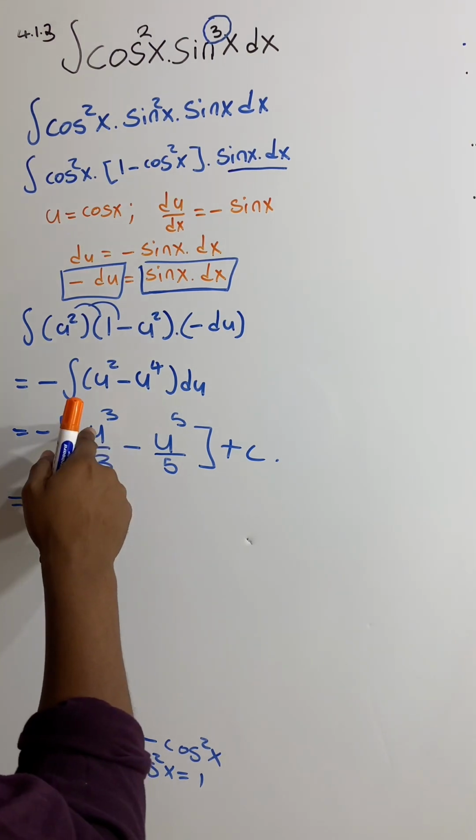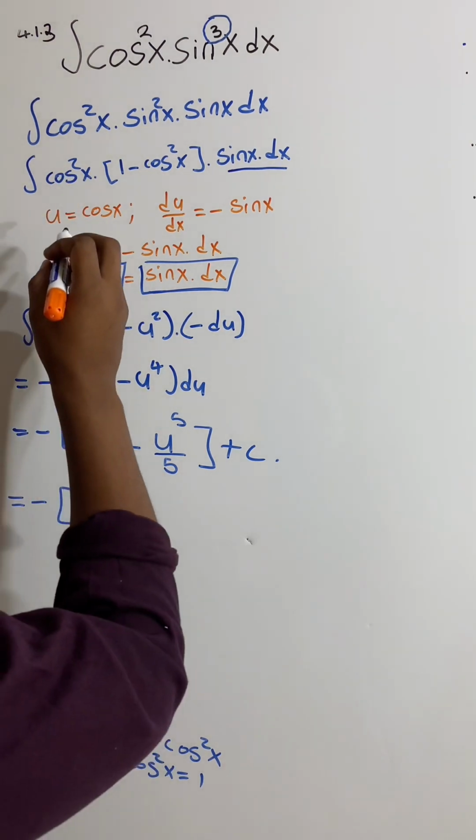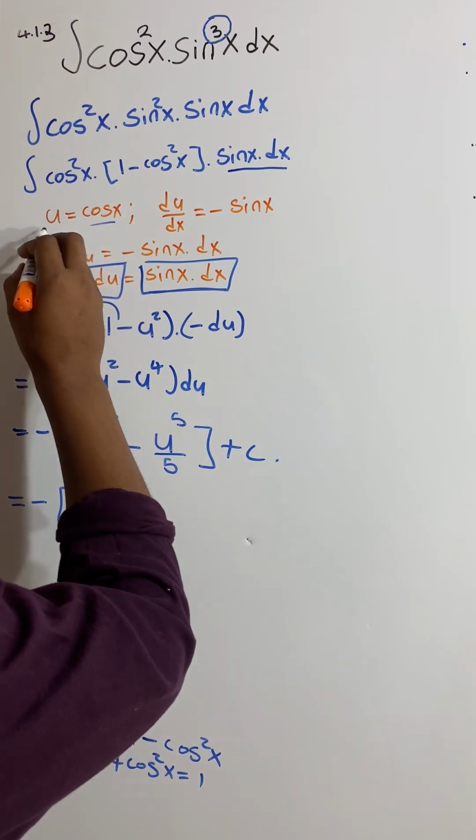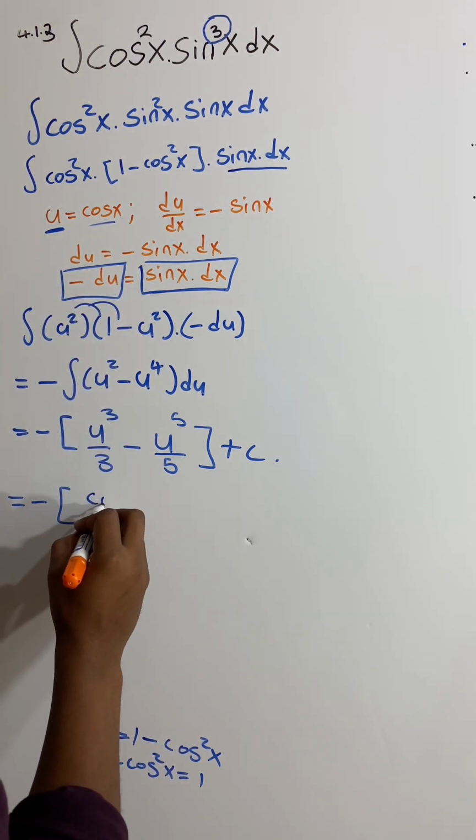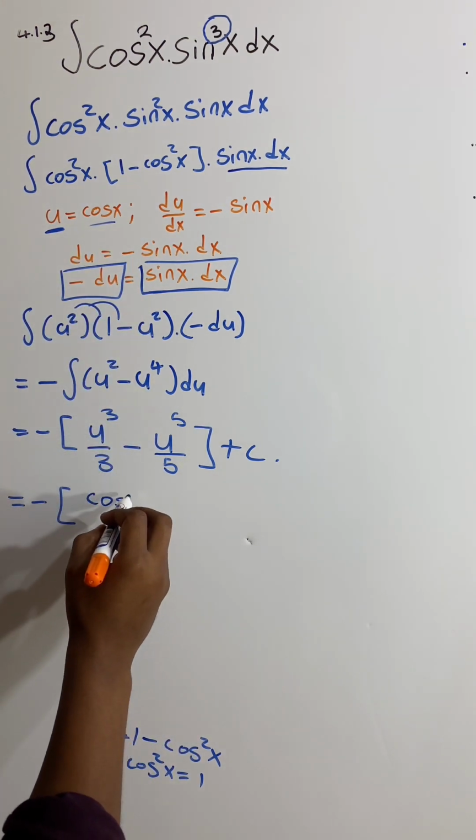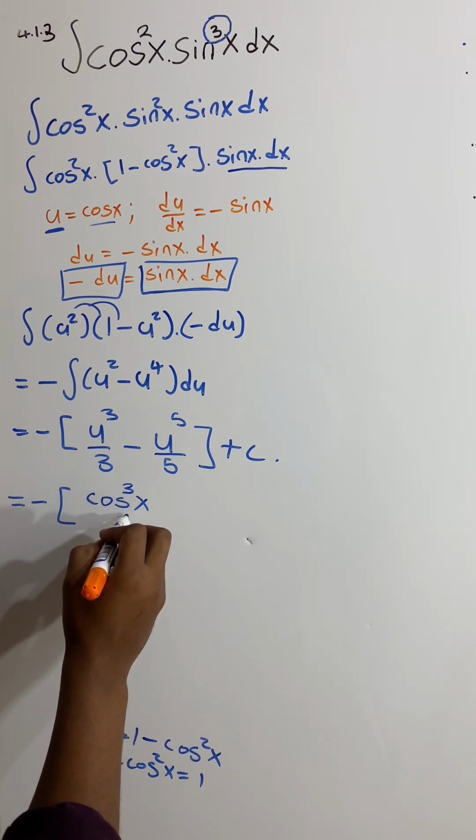Our integral is not in the form of u, it's in the form of x. So let's take back the cos x in the place of u. But the u is cubed, so let's also cube the cos x.